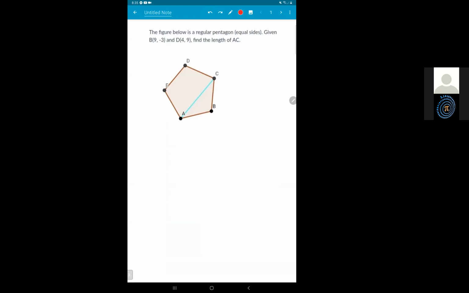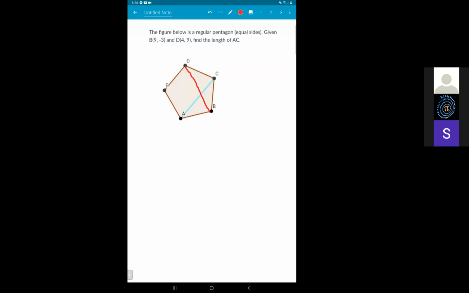Since segment BD has just the same length as segment AC, it's some sort of problem that tests your mathematical insight, but actually a very simple problem.